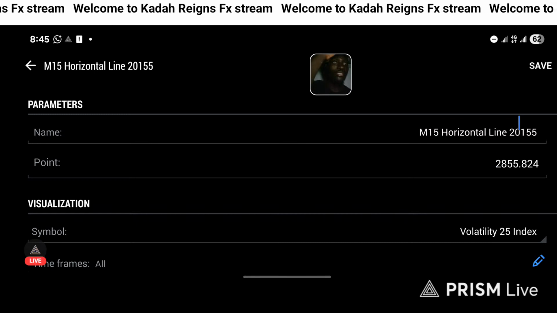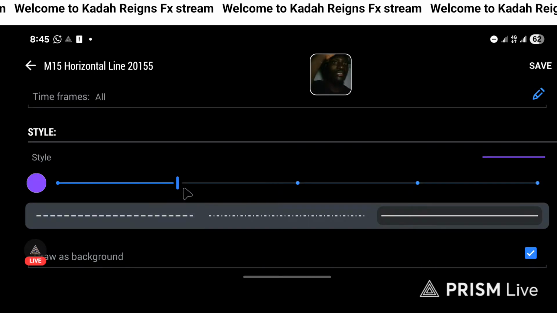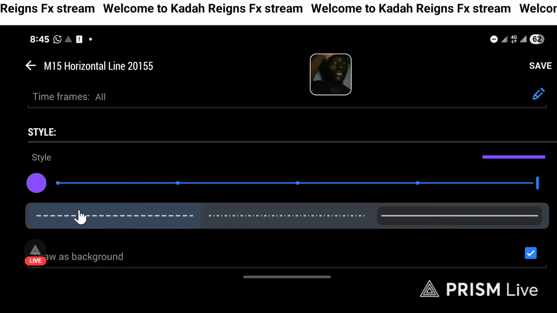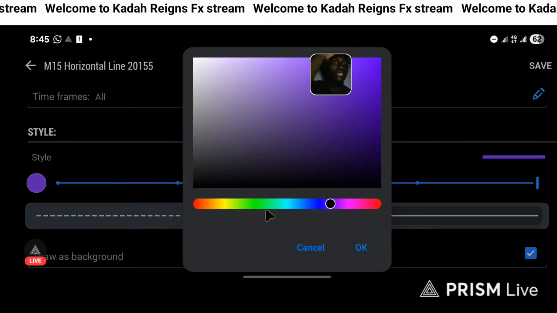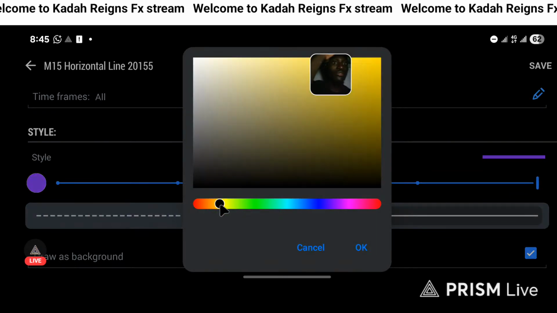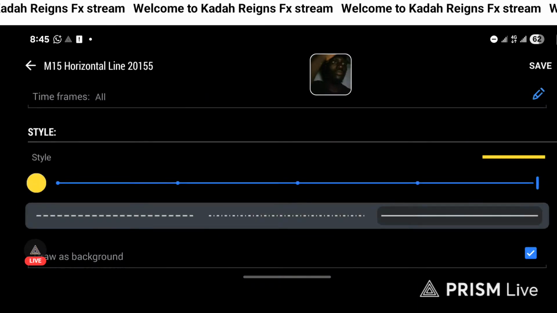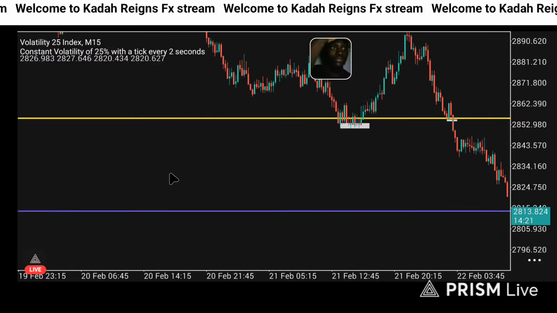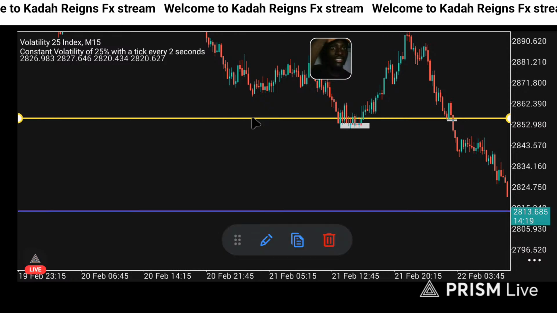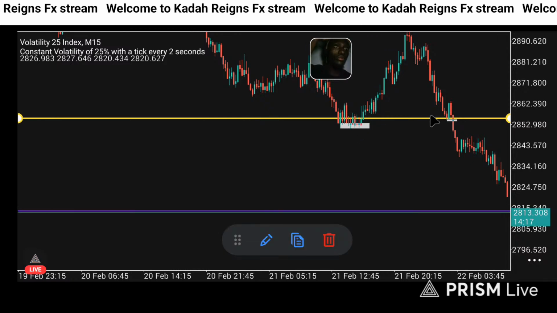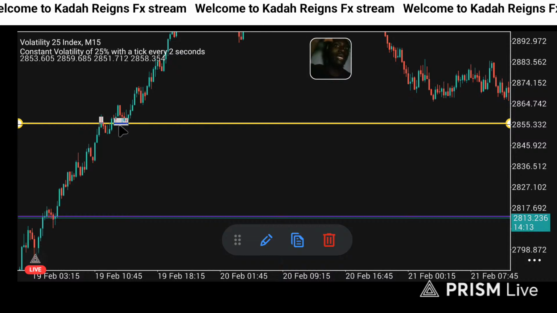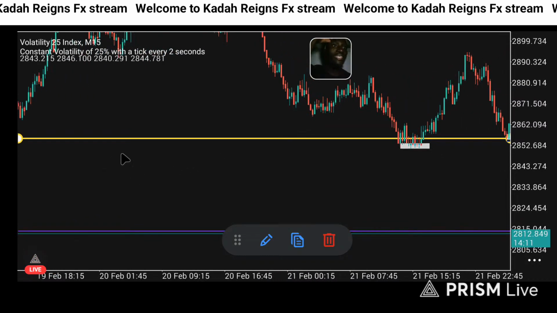Let me change the color and increase the font to something like 4. I'm used to orange, man, when drawing a major support. Then you adjust it, because as you can see, these points are not aligning, so you have to find the average.